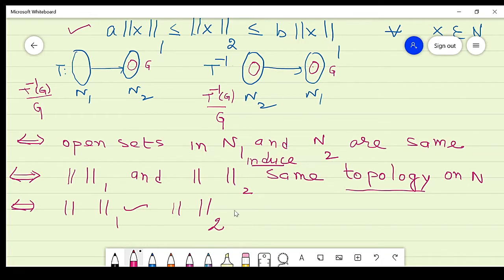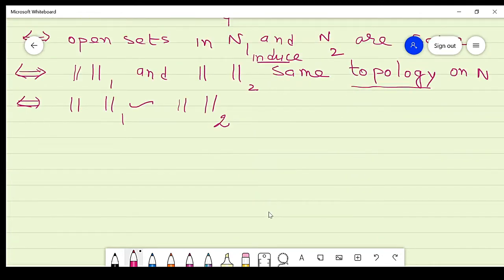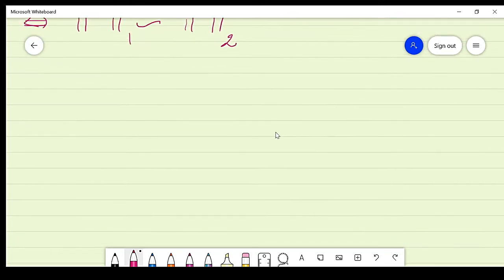So what is the meaning of equivalent norm? There are two meanings. One meaning is there exist two constants A and B which satisfy this condition, A norm of x1 less than or equal to norm of x2 less than or equal to B norm of x1. That is one meaning.